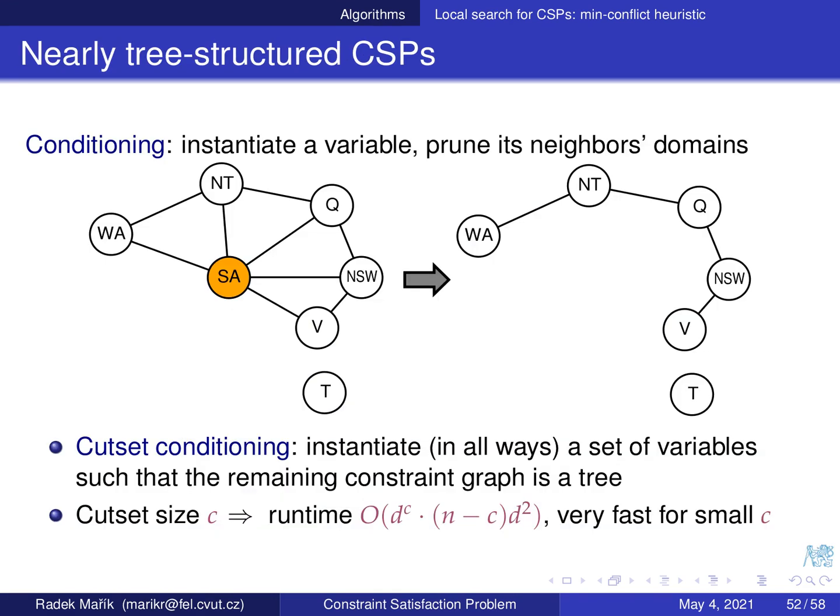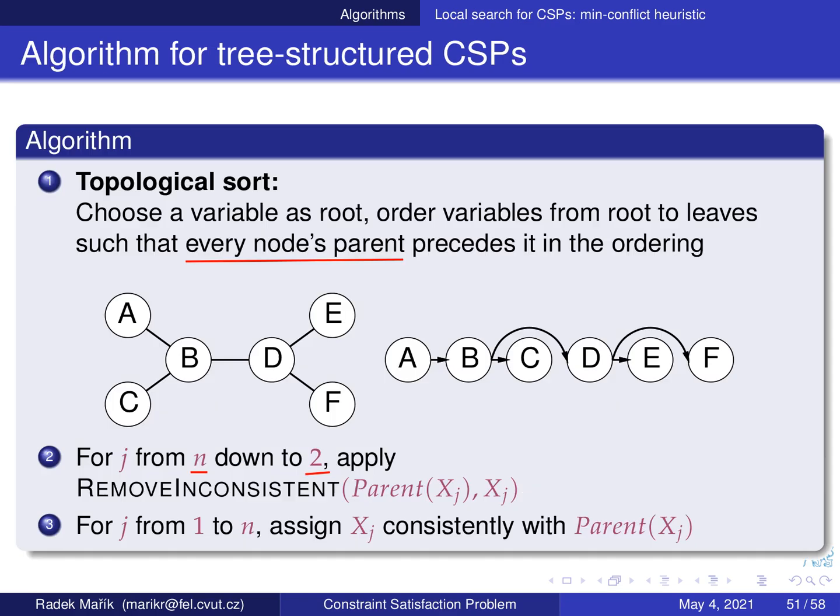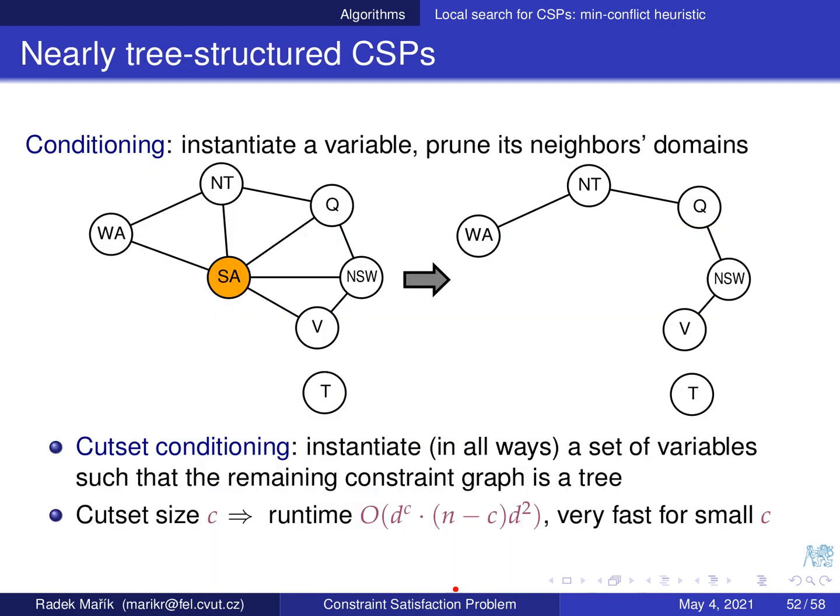Now this is a nice approach, but assuming a tree-like constraint graph. What to do if we have a graph like this, which is definitely not a tree?